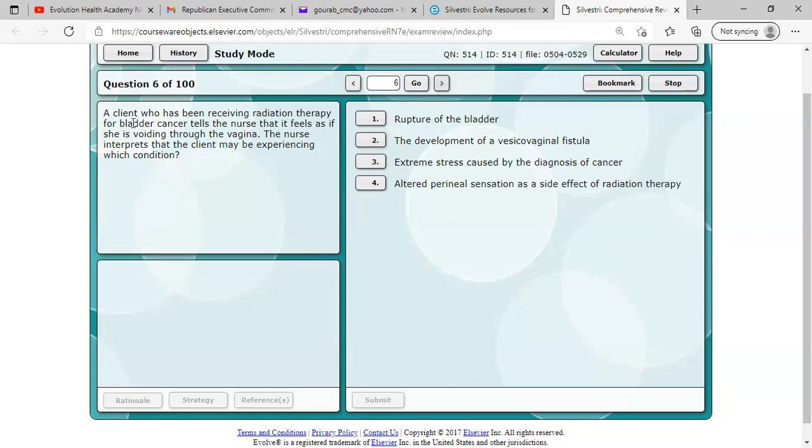So a patient diagnosed with bladder cancer is under treatment with radiation therapy, right? Radiation therapy or radiotherapy, whatever you like.